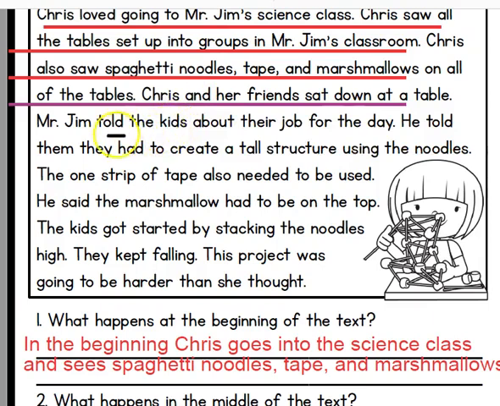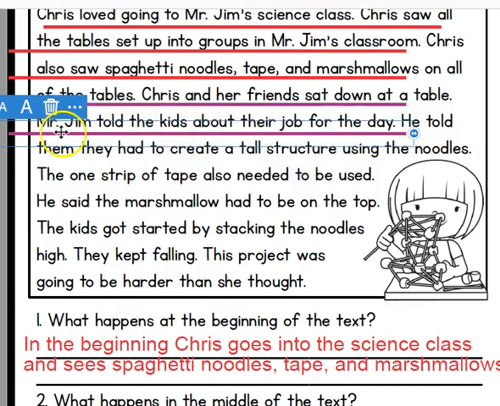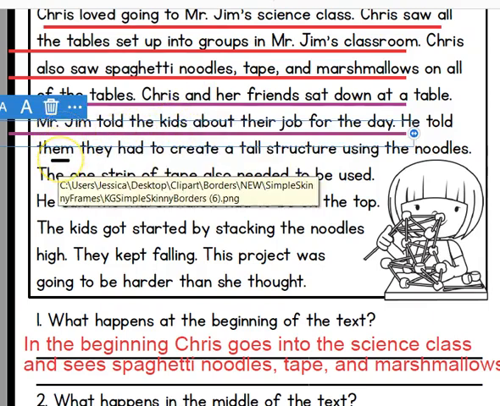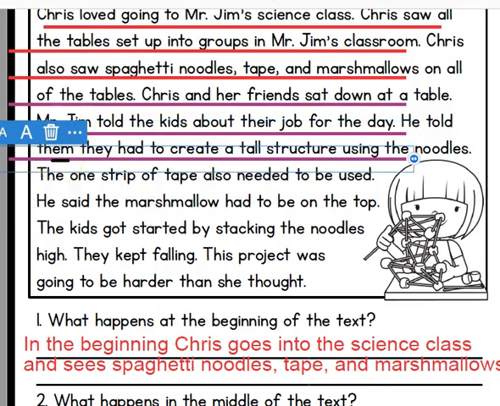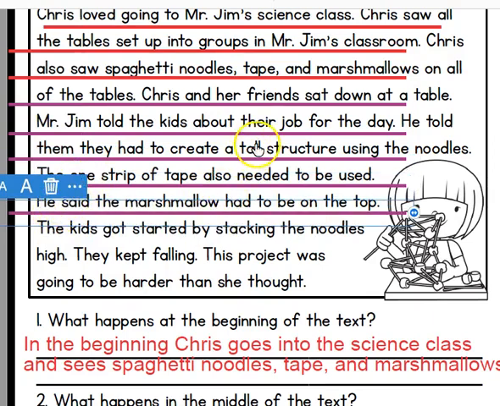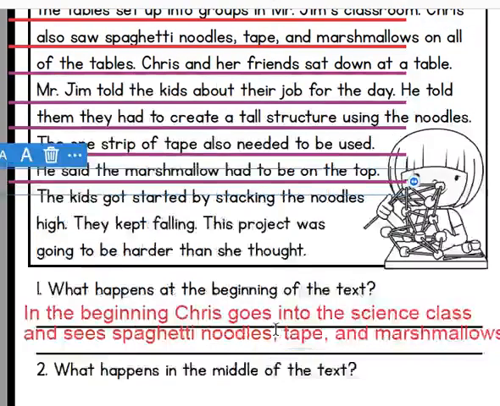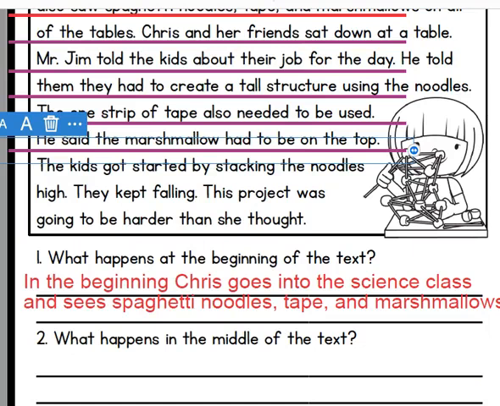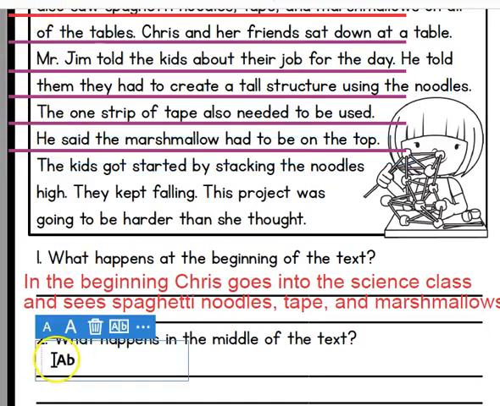Chris and her friends sat down at a table. Mr. Jim told the kids about their job for the day. He told them they had to create a tall structure using the noodles. The one strip of tape also needed to be used, and the marshmallow had to be on top. Okay, so basically the teacher was giving them directions about their task, what they had to do using those materials.